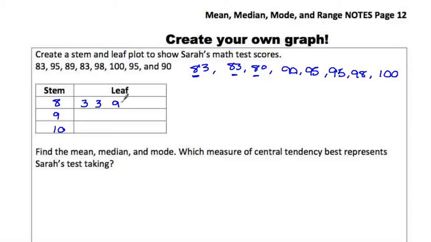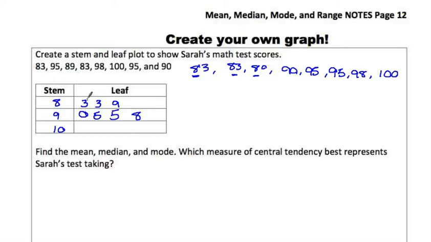Remember, your leaves should be in ascending order. So they can't just be all scattered. They should be in ascending order. For 90s, we have 90, we have 95, we have another 95, and then we have a 98.